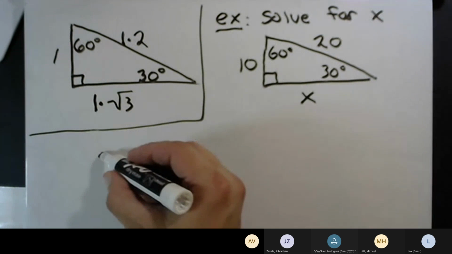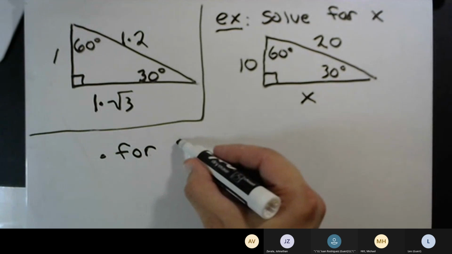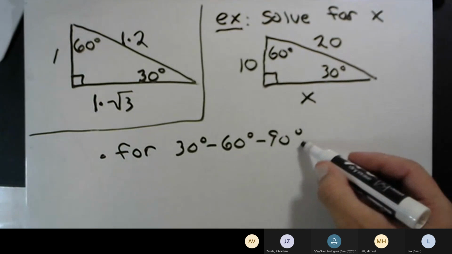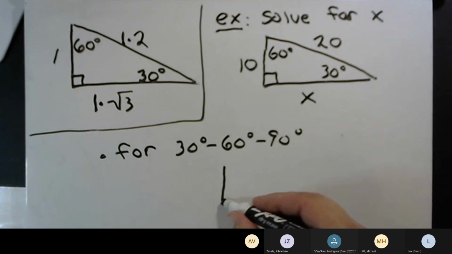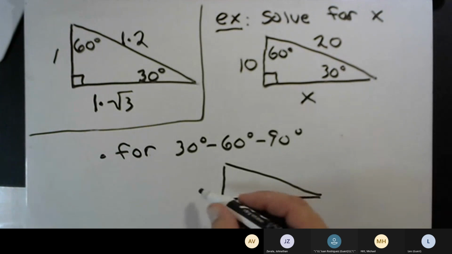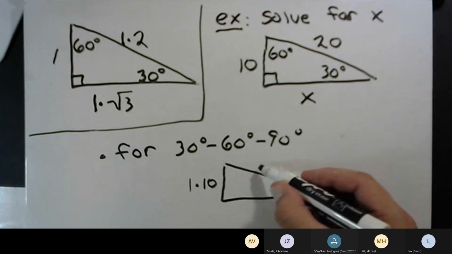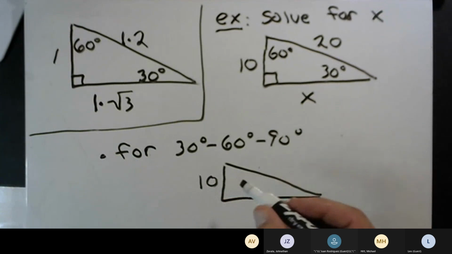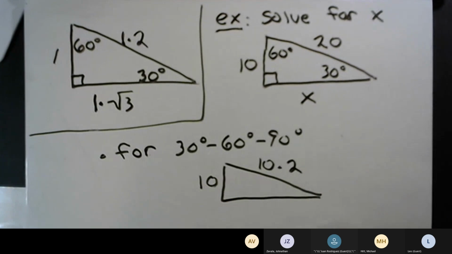So what we have is we can relabel this. Oh, I'm sorry, back up here. This is going to be 10. This is 10 times 2. And this is going to be x.